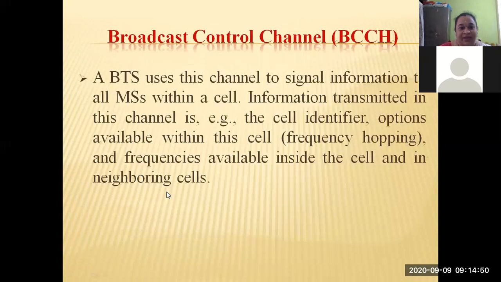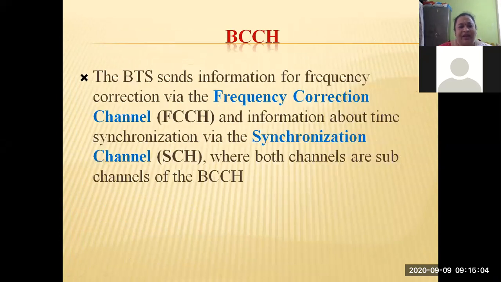Broadcast, common, and dedicated we have. Broadcast control channels are used for signaling the information between the mobile station and the base transceiver station. They work under the radio cell, and we have the frequency correction to correct the frequency, and information about time synchronization via the synchronization channel, where you correct between the corresponding subchannels of the base transceiver station and the mobile stations.